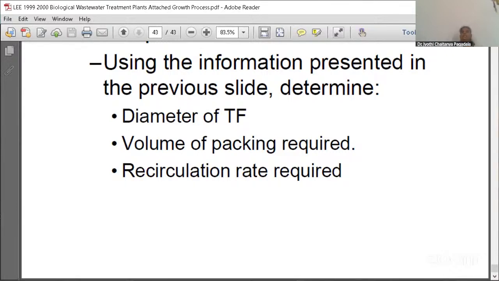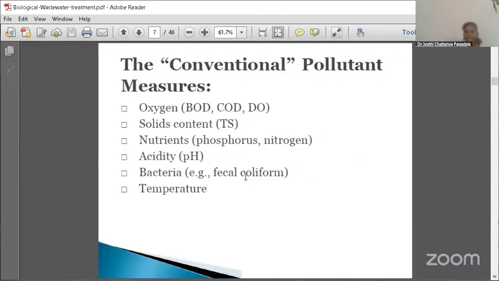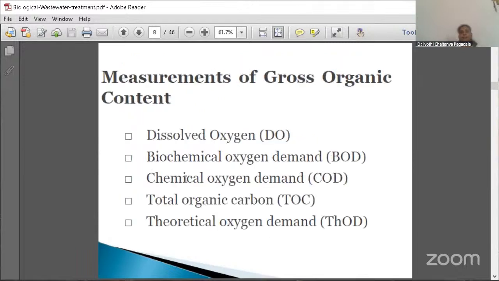When coming to the solid state content and nutrients like phosphorus, nitrogen, and acidity, that is pH, and bacteria like fecal coliforms like E. coli, and the temperature. These are the conventional pollutants that can be measured.